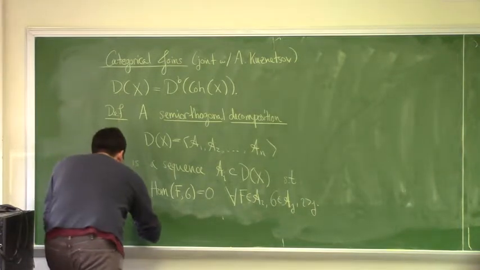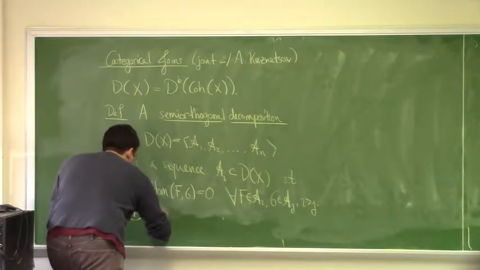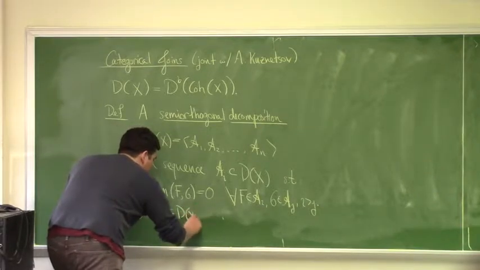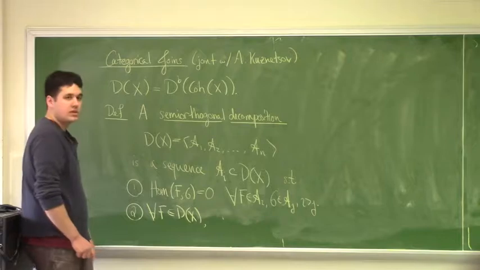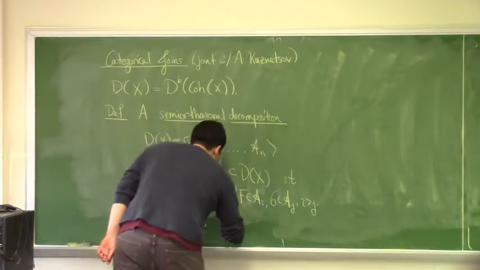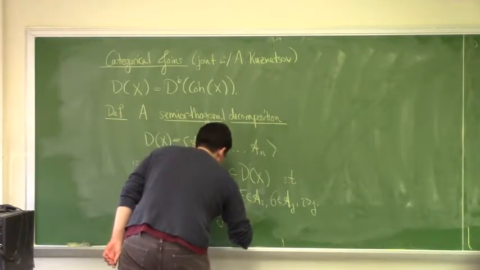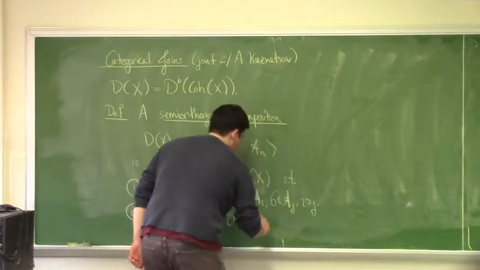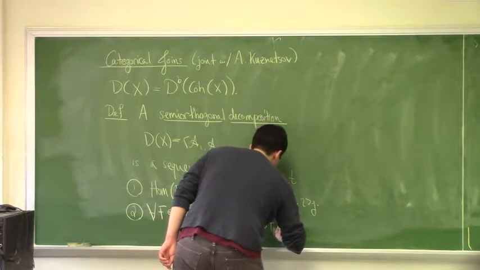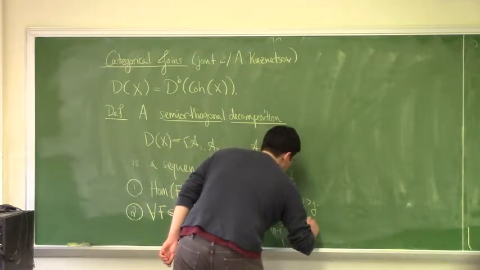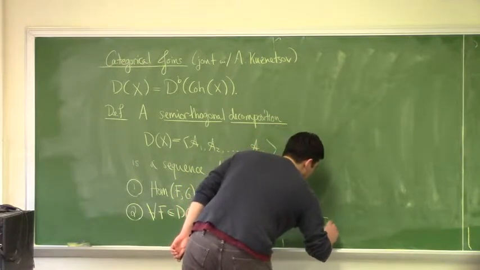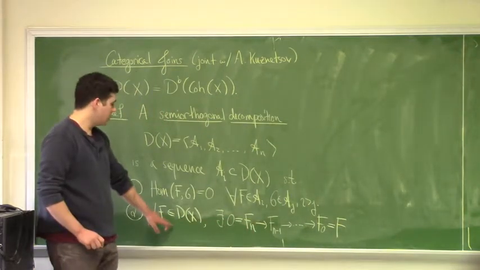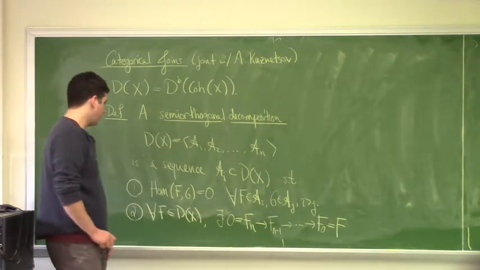And the second condition is that for every object F in this category D(X), there should exist a sequence of morphisms which starts at the zero object and ends up at this original object F, and this sequence of morphisms should have the following property.